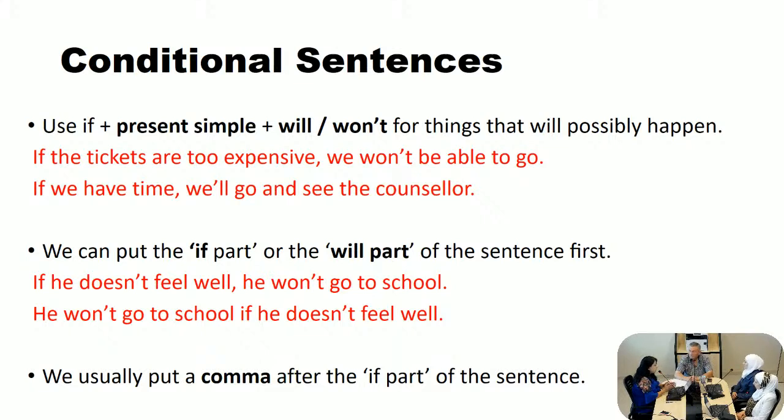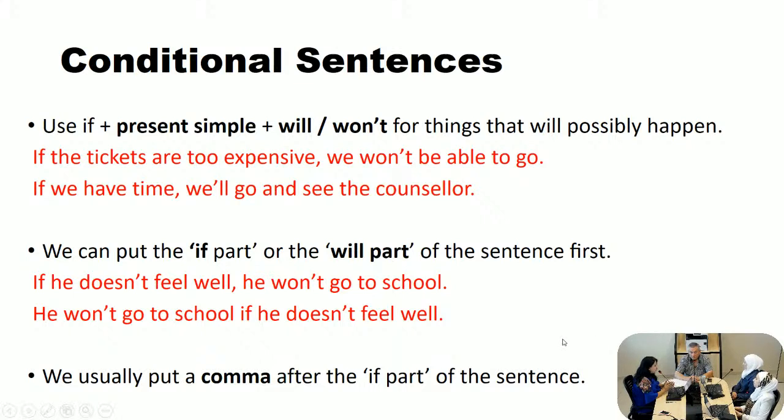With the first conditional, if with the present simple, the second part will be will or won't, for things that will possibly happen. Like, if the tickets are too expensive, this is present simple, we won't be able to go, simple future. If we have time, we'll go and see the counselor.